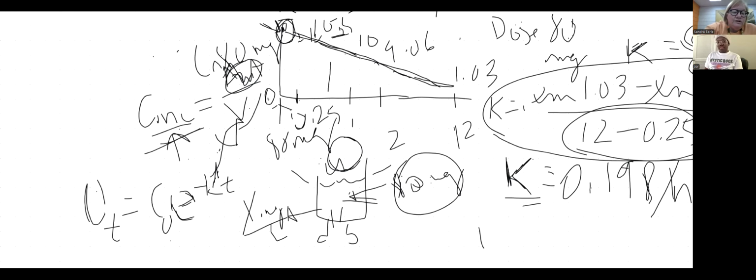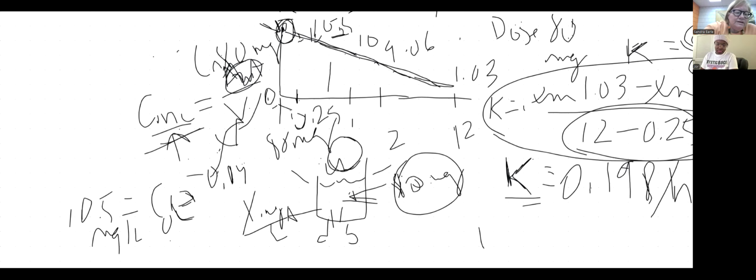And what we do know is at time t, the concentration is 10.5 milligrams per liter, yes? Now, what's the K? Well, we've just figured out the K, which was a negative 0.198 per hour.